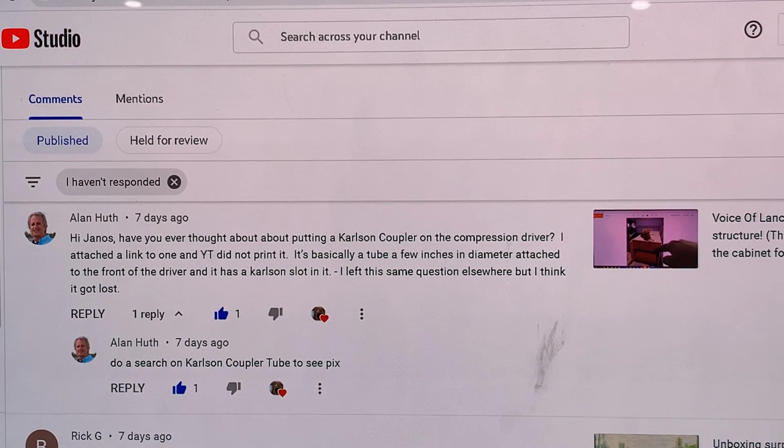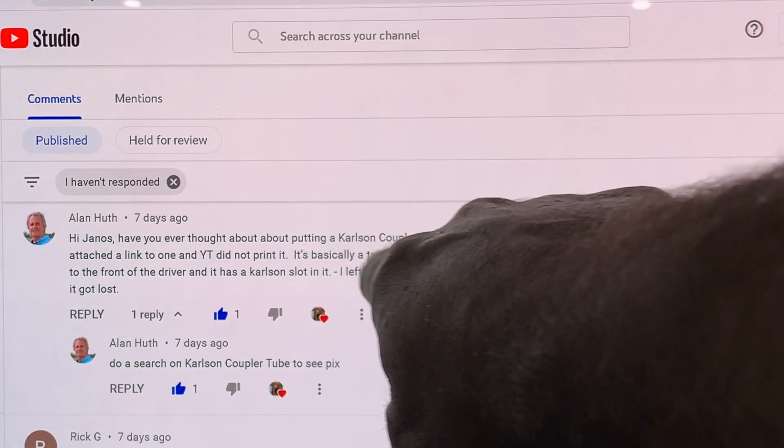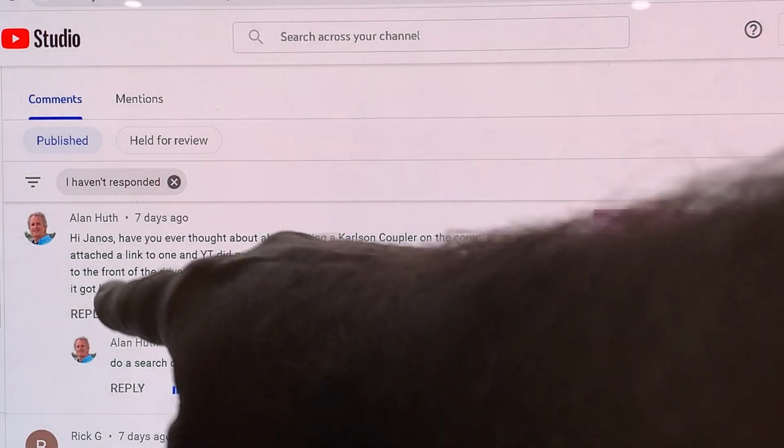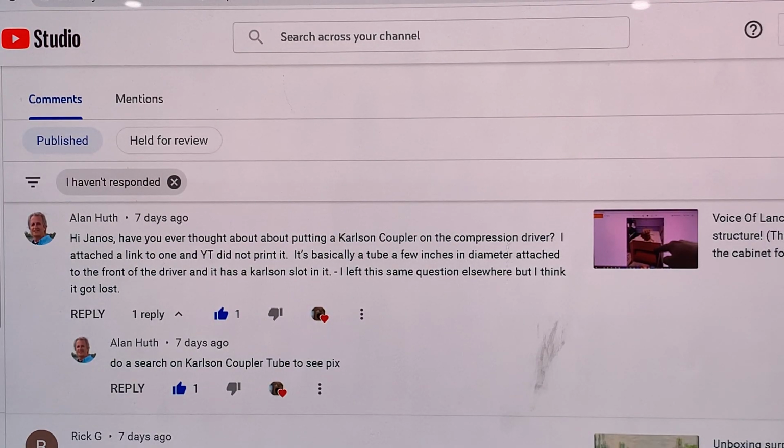That's because YouTube automatically filters it out. So basically, it's a tube a few inches in diameter attached to the front of the driver, and Carson has a slot in it. So that's why it got lost, because YouTube automatically removed it, and I did not.